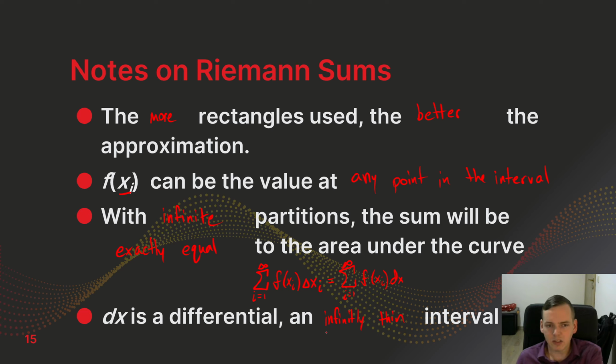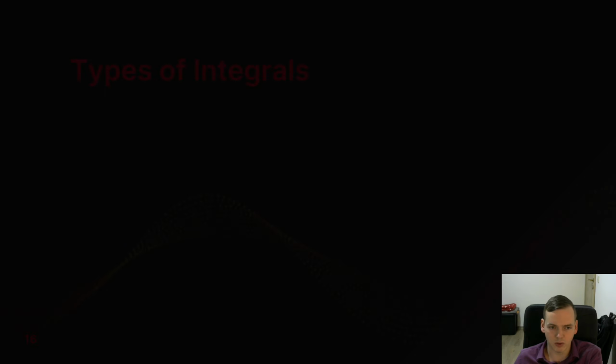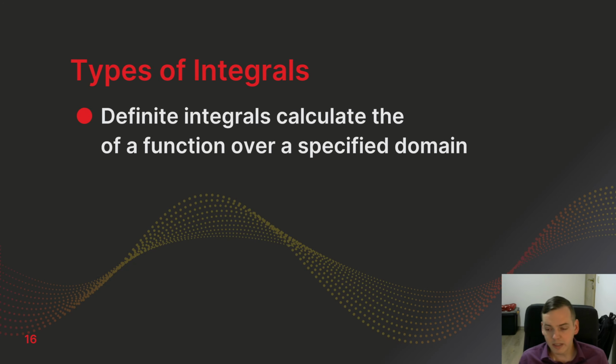So that leads us to the idea that with Riemann sums, we can talk about 2 types of integrals. Definite integrals calculate the total accumulation of change of a function over a specific domain.